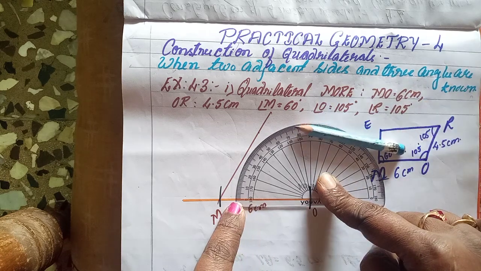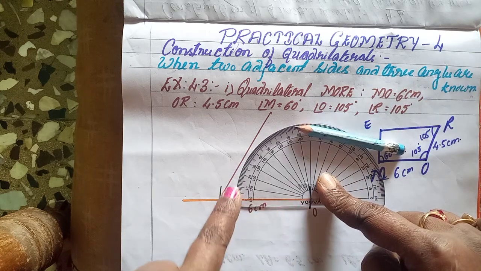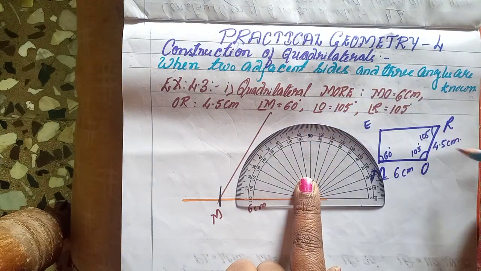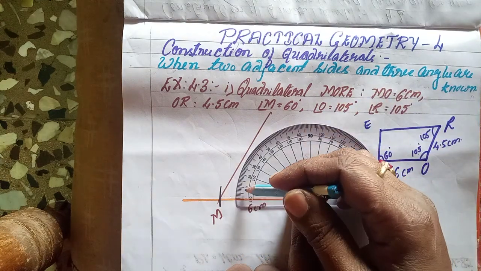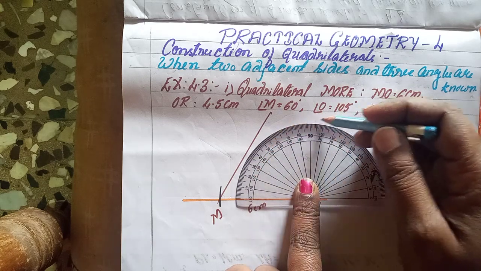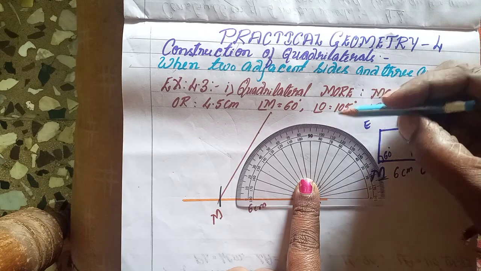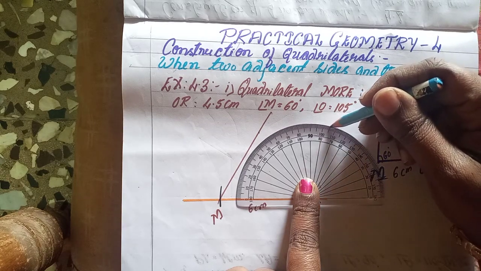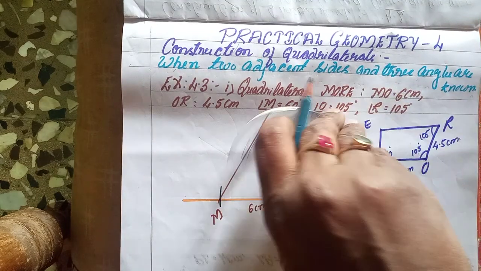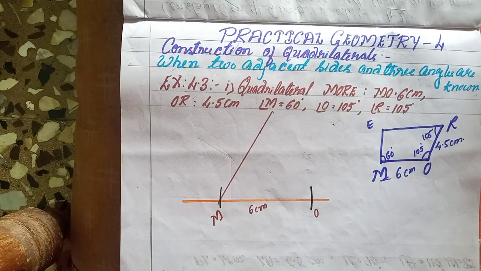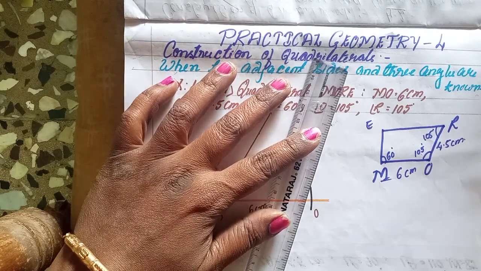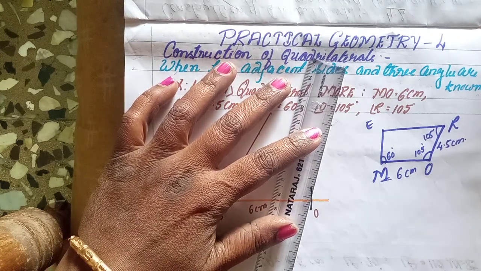Therefore count the 105 degree: 0, 10, 20, 30, 40, 50, 60, after 90, 100, and after 100 count 5 lines like this and draw the line like this. All of you are getting?